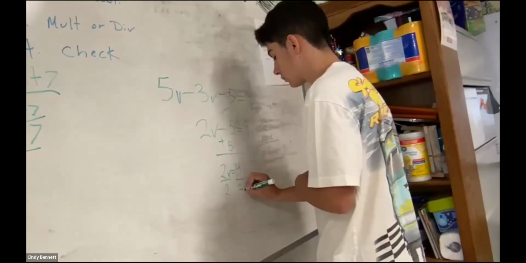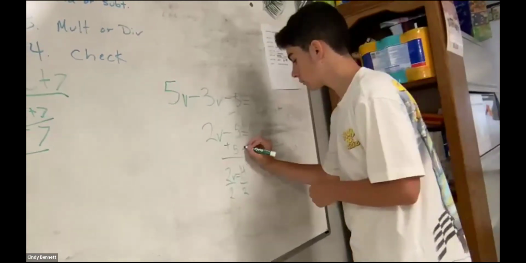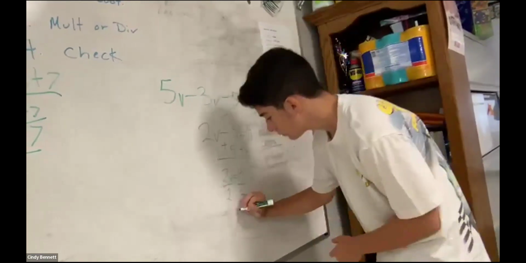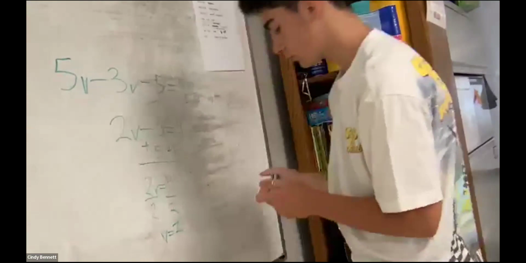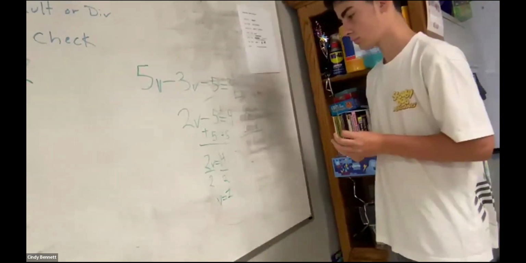You gotta write the 5, add 5 to each side, on each side of the equal sign. So then 2v equals 14, divide by 2, you get 7.